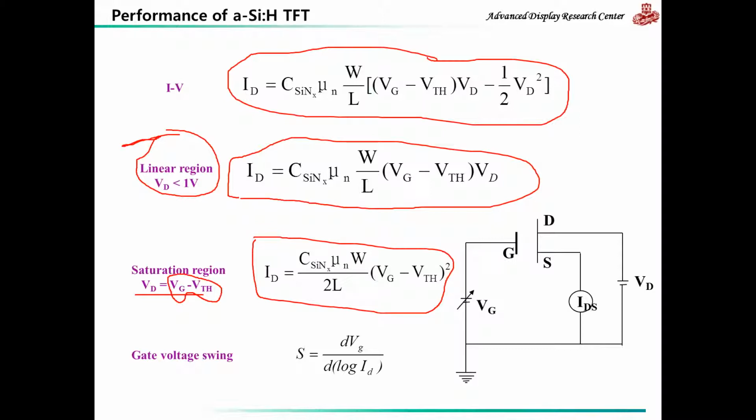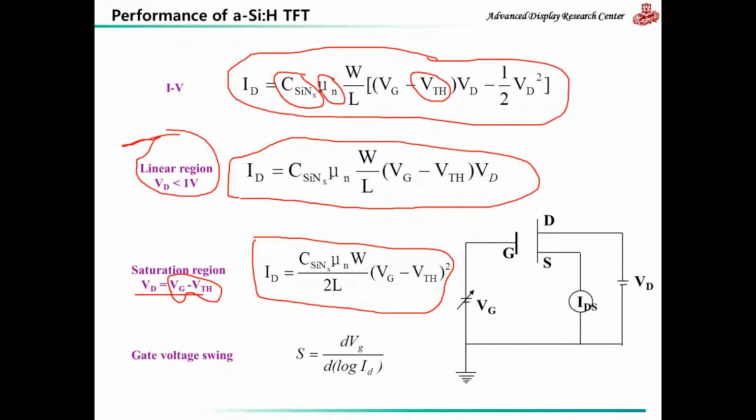Now here, C_SiNx is the oxide capacitance per unit area, μN is the field effect mobility, VTH is the threshold voltage, or in other words, the gate voltage at which the TFT turns on.